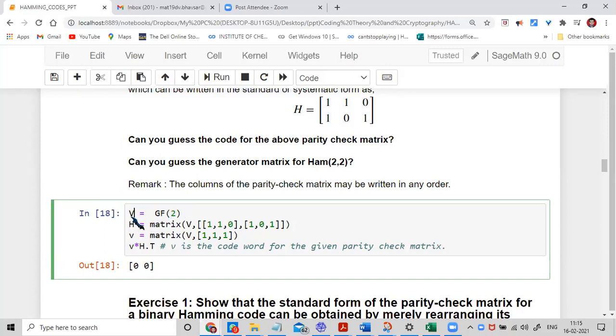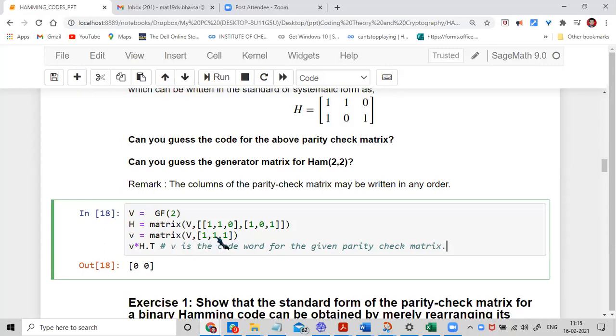I have defined V as our field GF(2), and I'm considering this matrix H over V. I write V so that it will take modulo 2 of each and every term, so no answer is greater than 2.